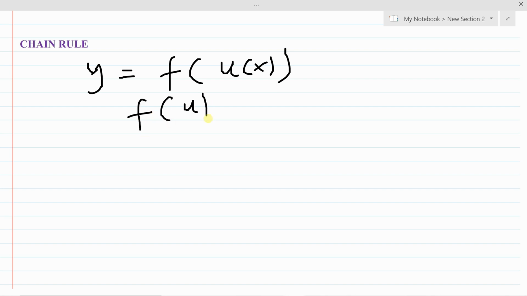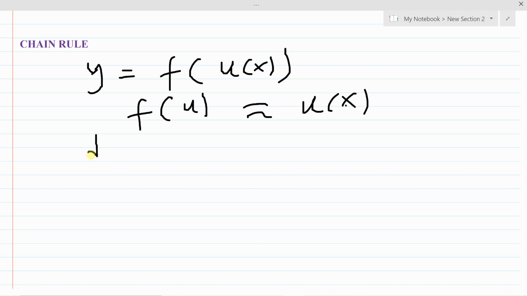So the chain rule states that if I have, let's say, a function y equal to f of u of x, what does this mean? It means that f is a function of u, whilst the u inside this is also a function of x. So what do we do? How do you find your dy dx?